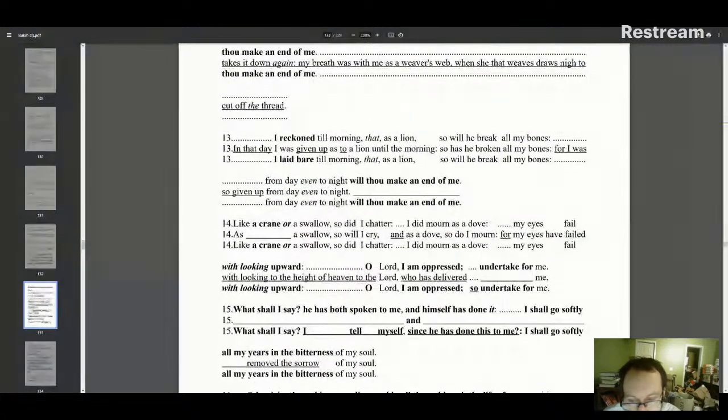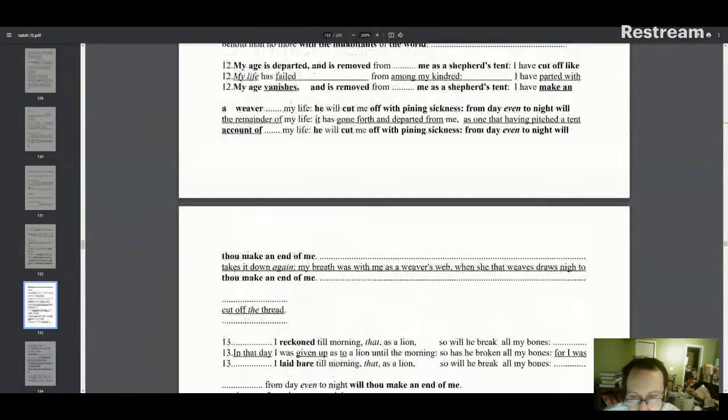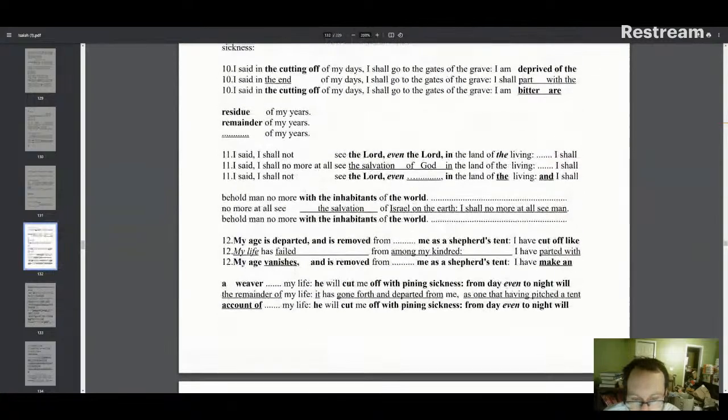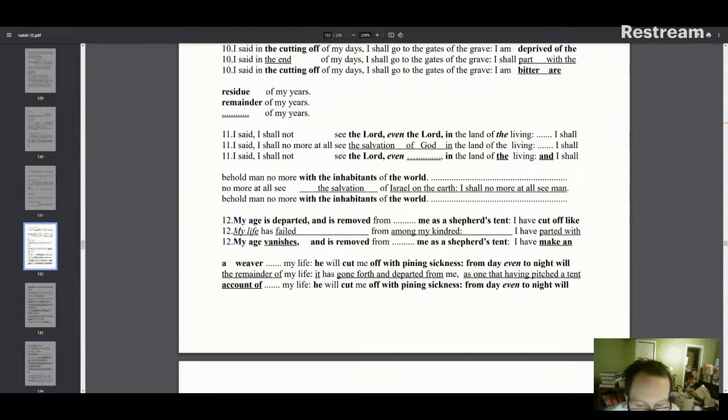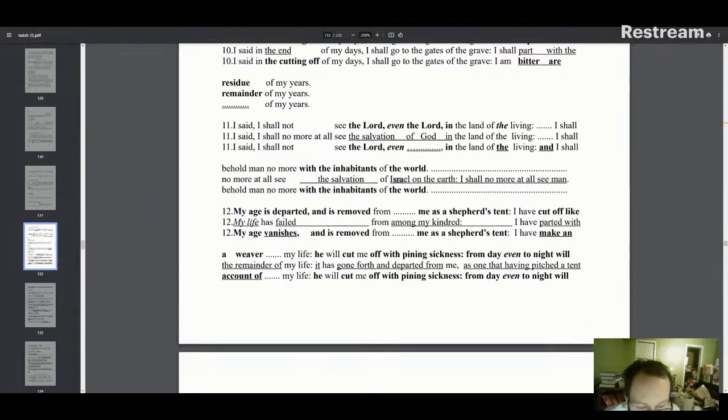Now, with that said, let's take a look at some of the variants here for the Septuagint. We have salvation of Israel. There's no mention of Israel in the Hebrew, interestingly.